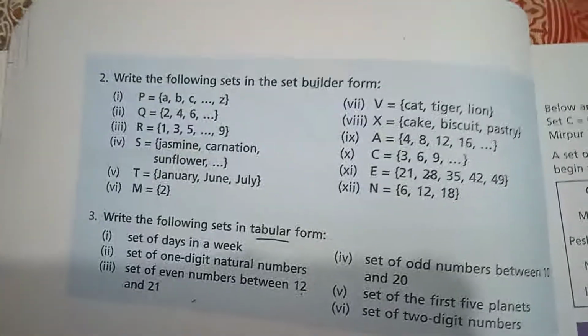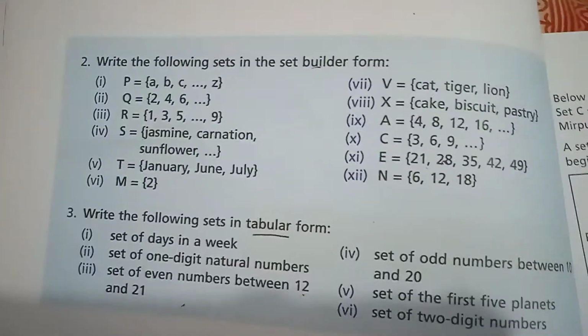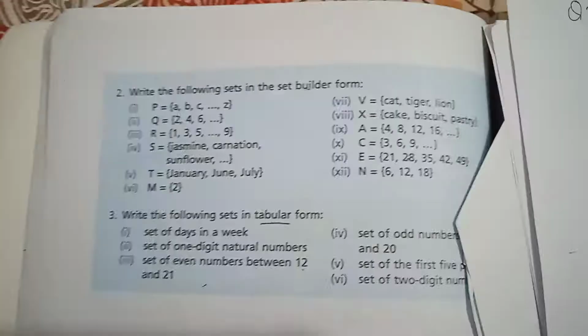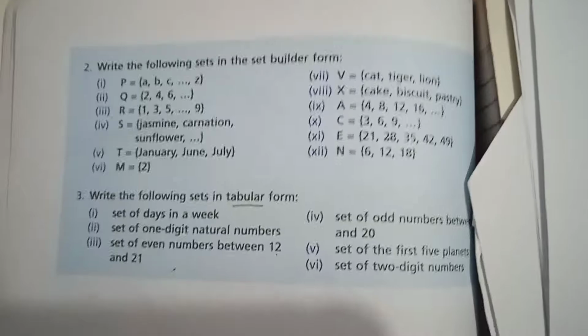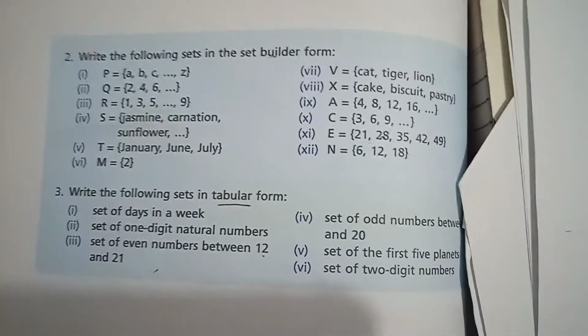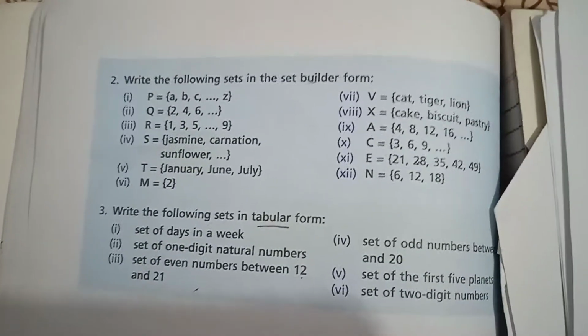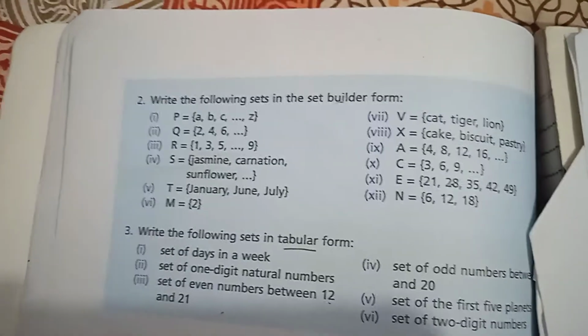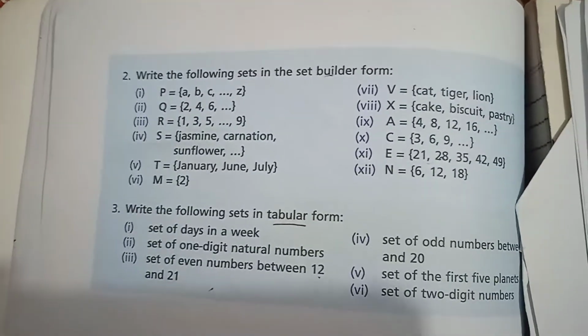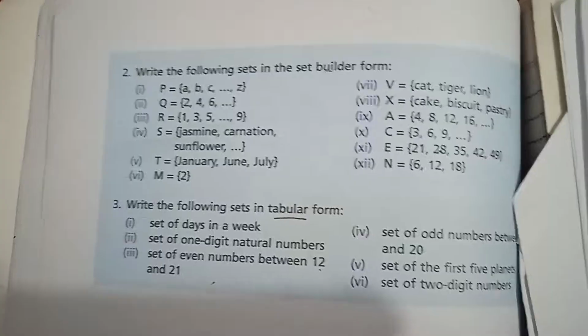Okay, next is write the following sets in set builder form. So let's start with it. If we solve the first question, P is equal to a, b, c up to z.